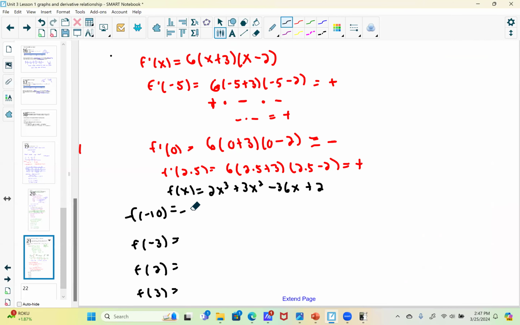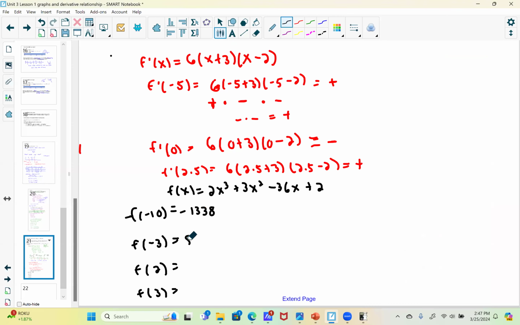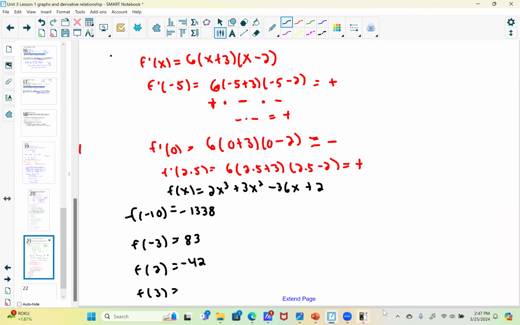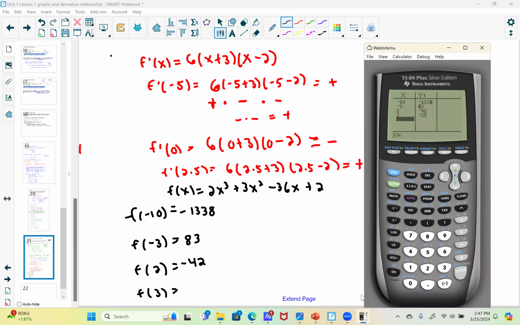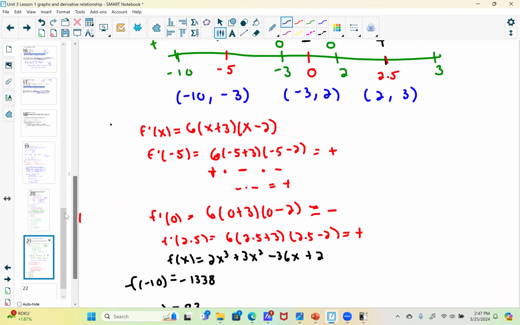So I get -1,338, 83, negative 42, and negative 25. So those are my y values, and now I need to say min or max.